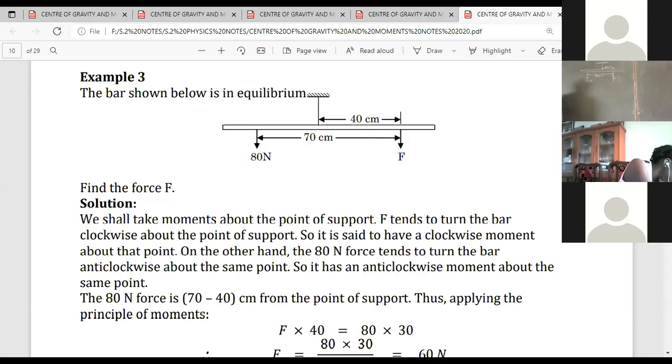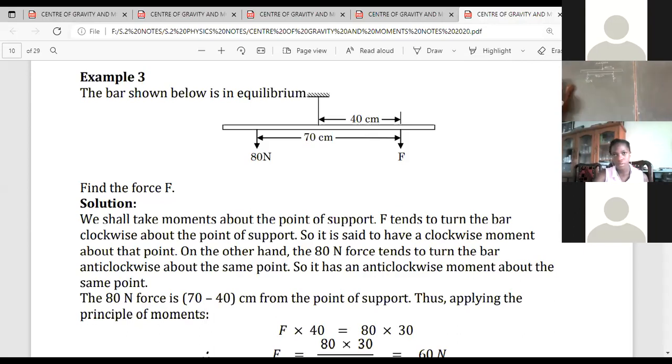So this time around, we are using a string, not a knife edge. So we are going to apply moments about this point here. The condition we are going to use is very simple.